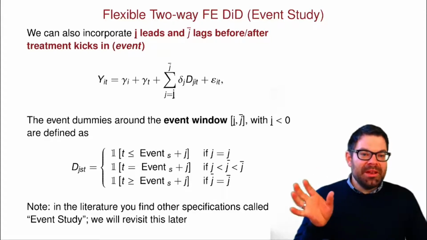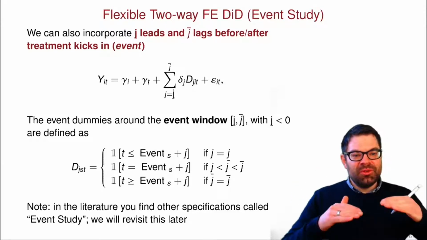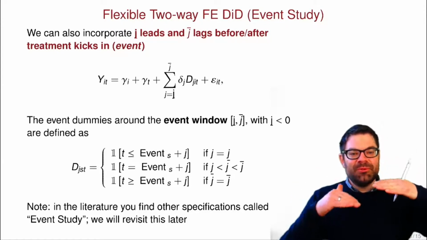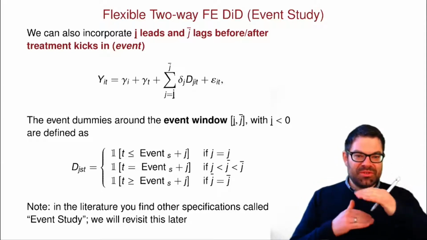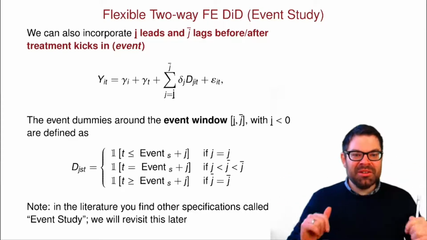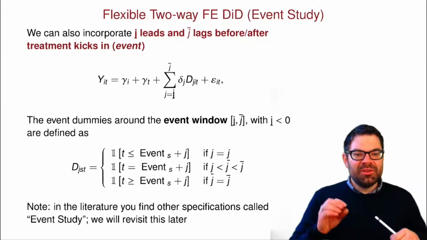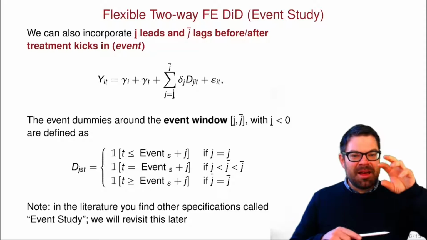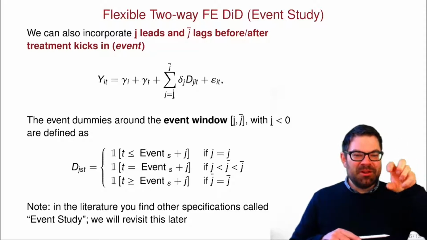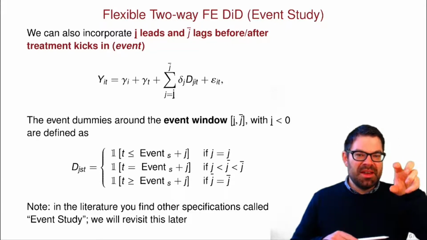Now, instead of just looking at the average difference before and after between treated and untreated or not-yet-treated units, which is what the previous model told us, we can also look at dynamic effects, dynamic responses to the treatment afterwards.